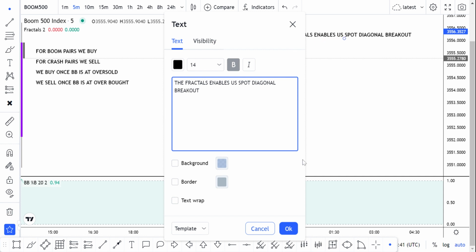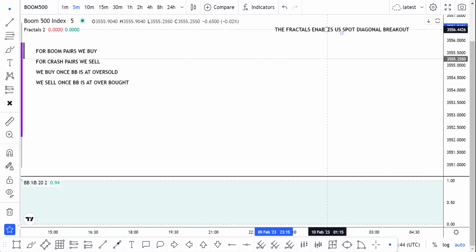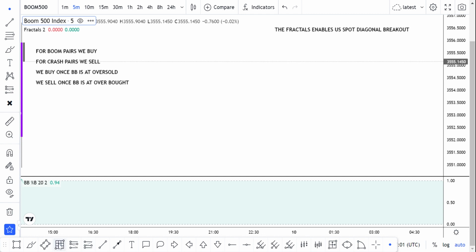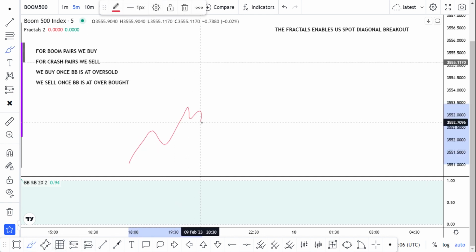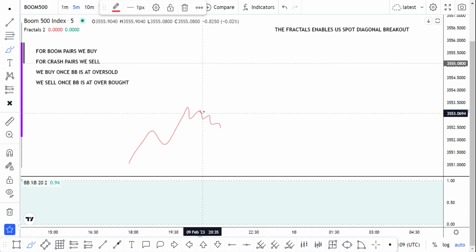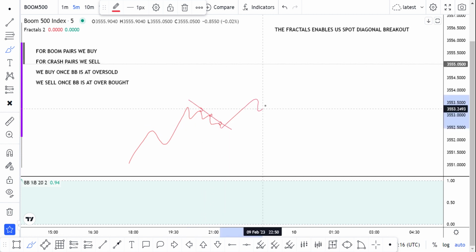Why this is also good is that the fractal helps you identify those minor supports and minor resistances, which some of you, due to lack of experience, will be unable to figure out. The fractal just brings it out in clear view, because sometimes when the market is in an uptrend, you have situations like this. The fractal is being deposited at these diagonal resistances such that you can connect your trend line and continue with the trend.